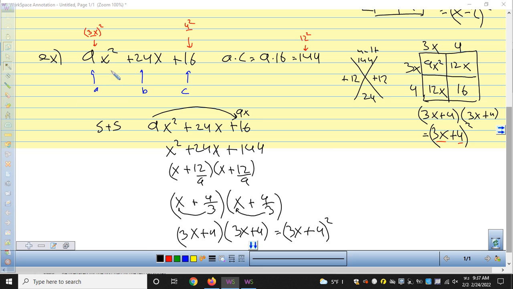Our book calls this a perfect square trinomial. That's one of the special cases that the book talks about. But we can always factor these just like we've been practicing for 3 or 4 days now. Actually, almost a week now.